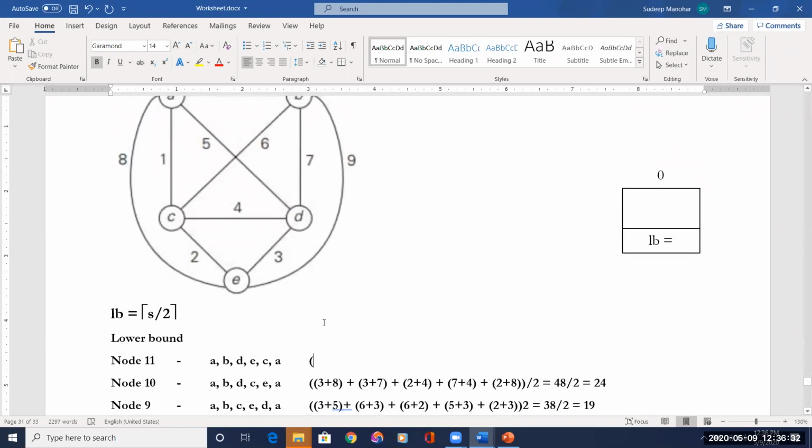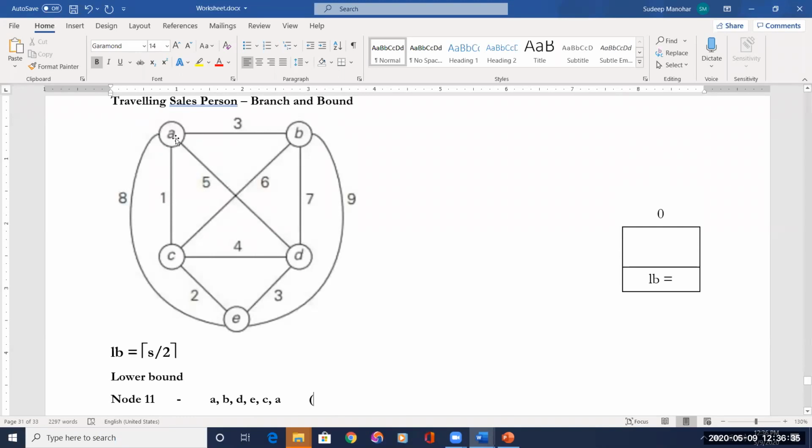Yes, let us start from vertex A. Vertex A is adjacent to B and C. A to B is 3, A to C is 1, 3 plus 1, plus vertex B. Vertex B is adjacent to A and D. It is 3 and 7, 3 plus 7.